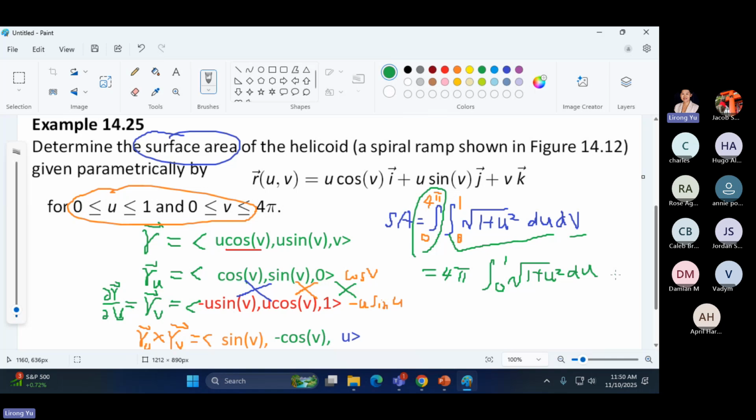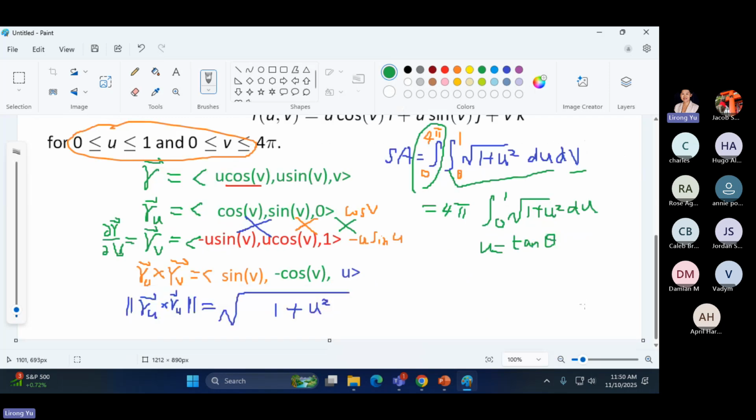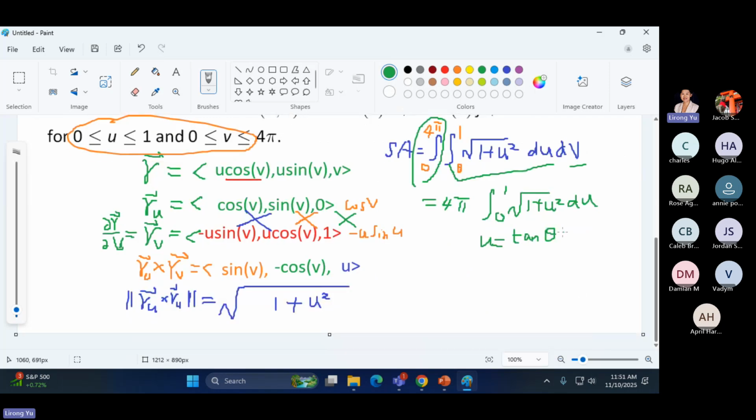This definite integral is kind of a classical example where, if you want to calculate it, you need tangent theta. So we will do a substitution: u equals tangent theta. Then 1 plus u squared is 1 plus tangent squared theta, which equals secant squared theta.